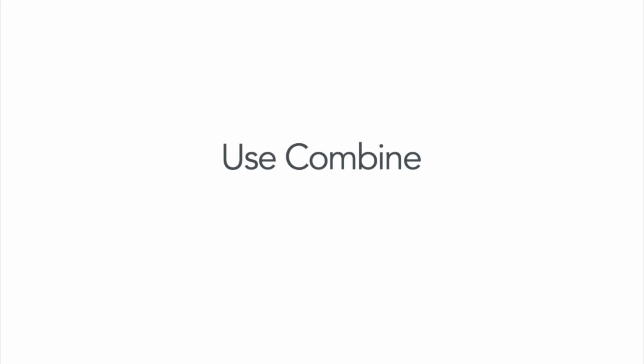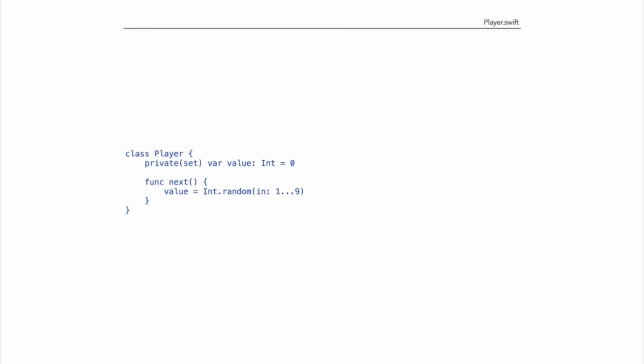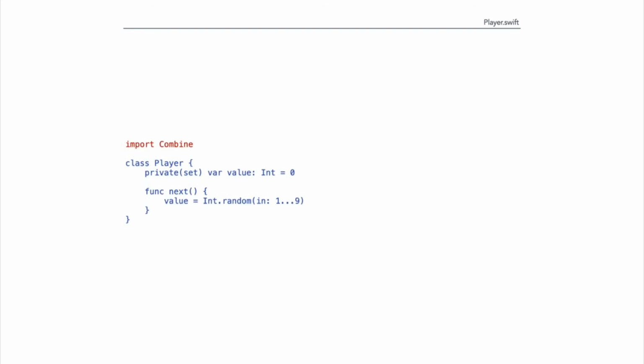So let's go into Player. Player is where we change the value and where we store the value. So let's import Combine there, and let's publish our value. We just use the @Published, and now when our value changes, it's going to publish it. Now that's only a small lie.